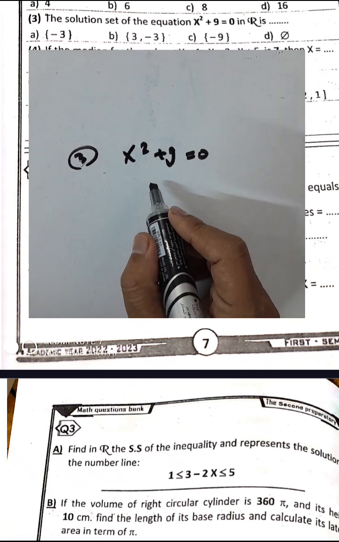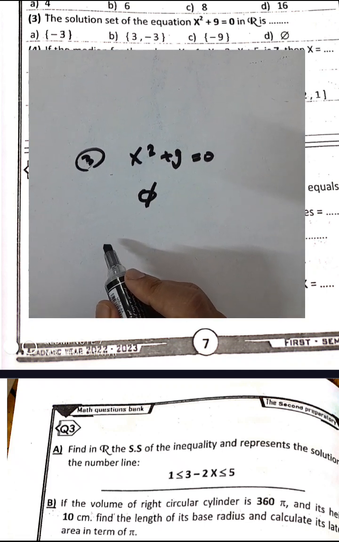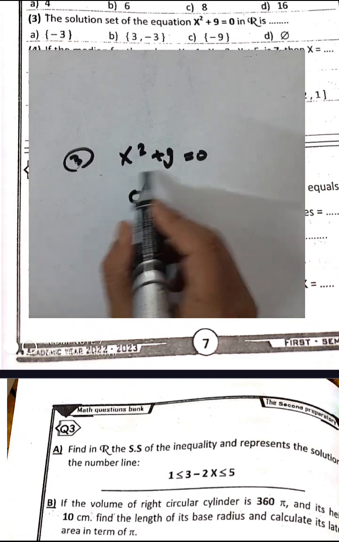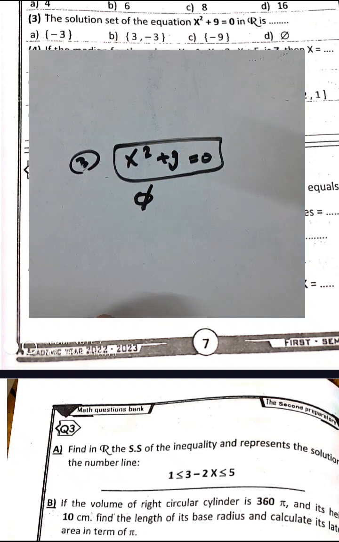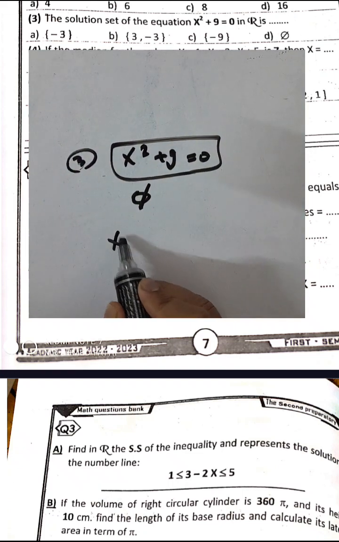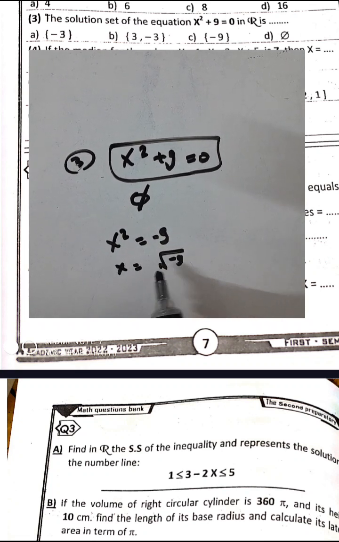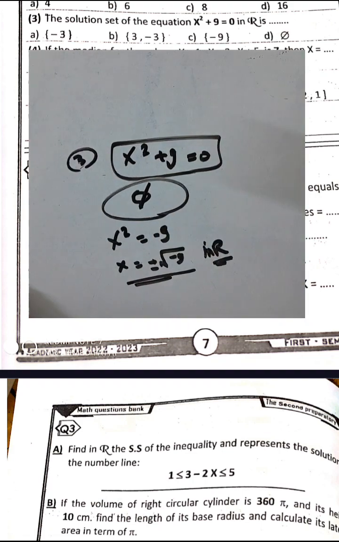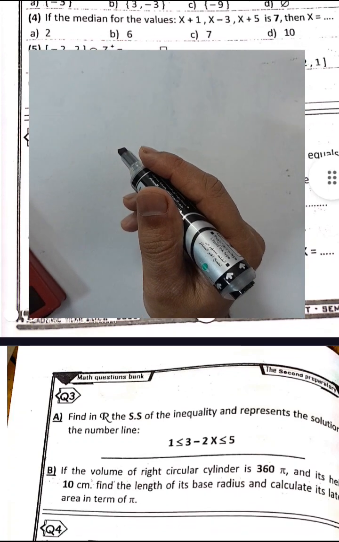The solution set of the equation in R will be the null set, because we can't find the value of x here. Or you can write x power 2 will be negative 9, and x will be square root of negative 9. It's impossible in R. Then the result will be the null set, because we haven't a number power 2 plus 9 equals 0. It's impossible. Question number 4.